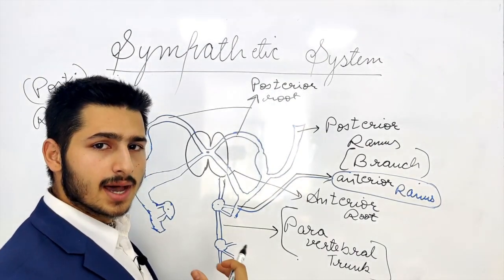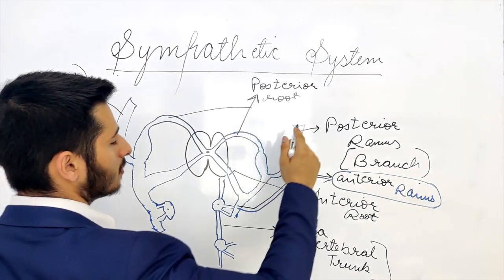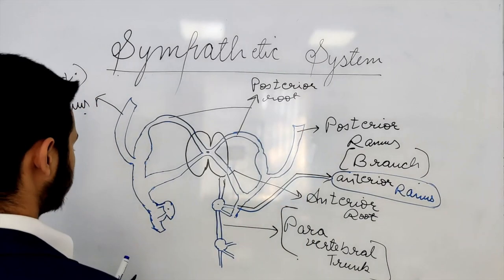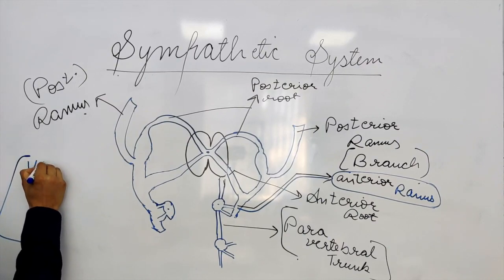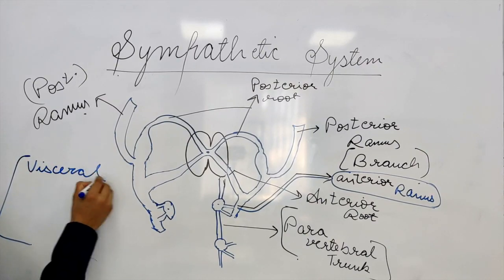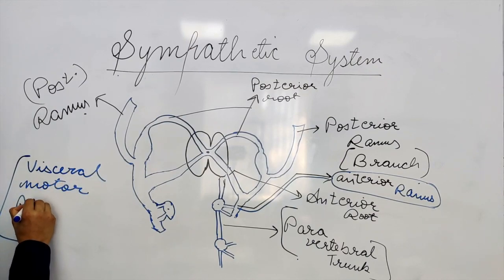As you can see in the diagram, these trunks carry visceral motor preganglionic fibers. The fibers they carry are visceral motor preganglionic fibers.